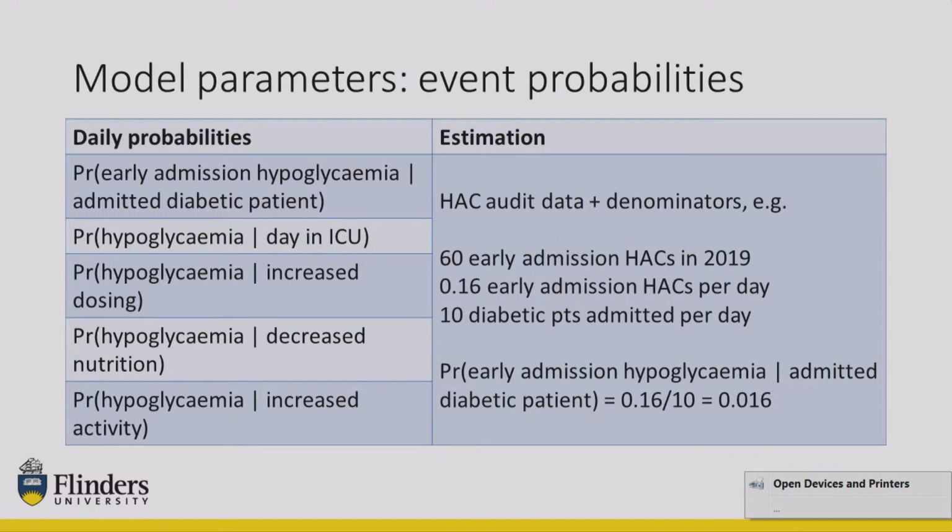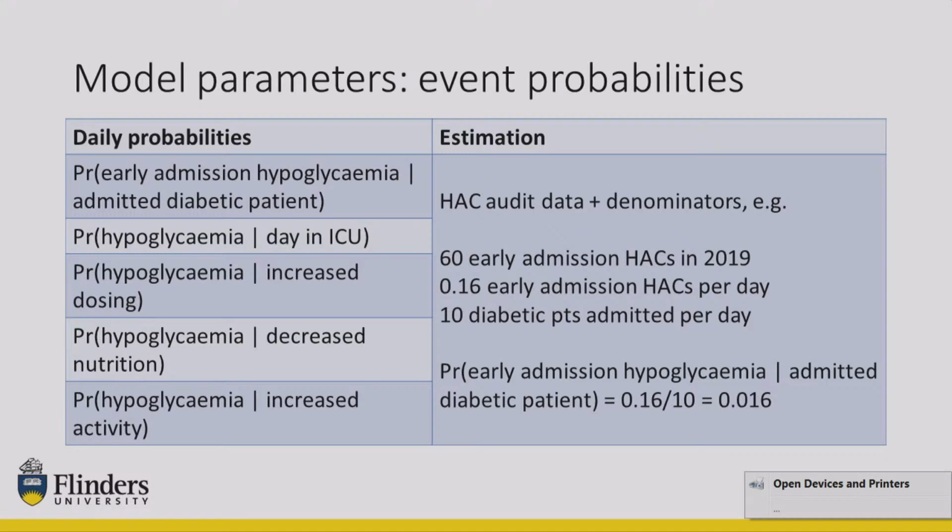So that's a 0.16, so that's over a 1 year period. So that's a 0.16 probability of an early admission HAC each day within Salin, 60 divided by 365.